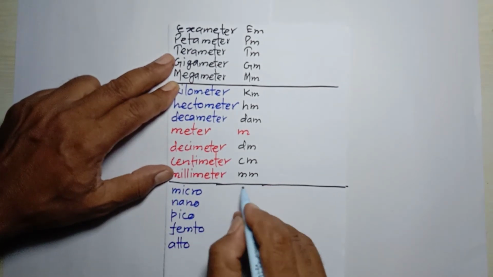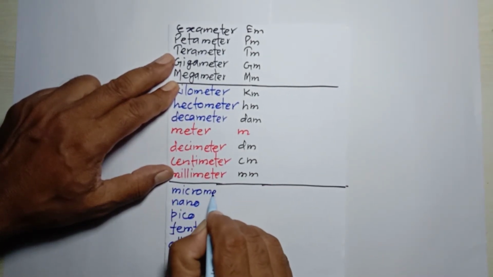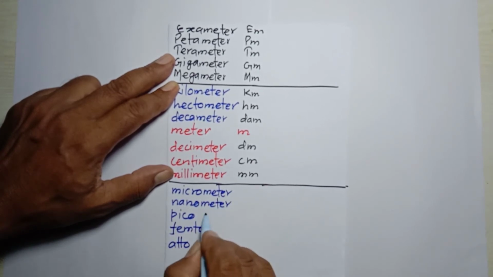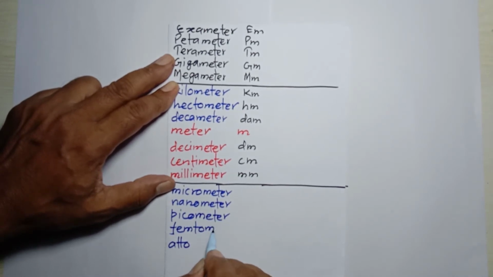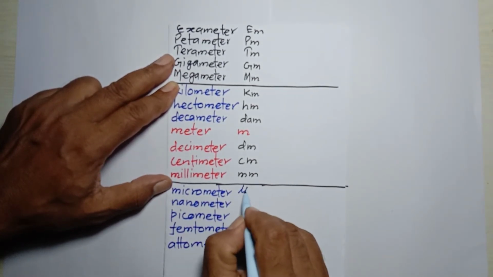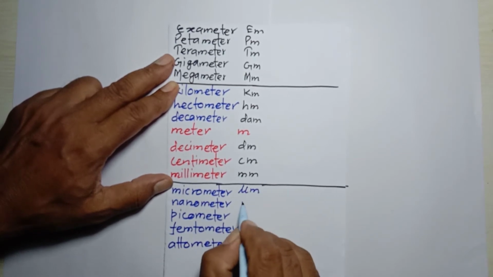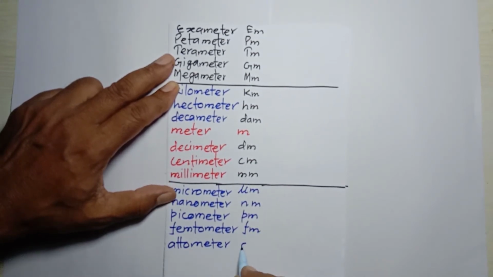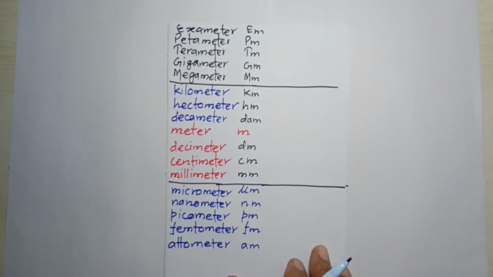Look at this: micrometer, nanometer, picometer, femtometer, and attometer. This micrometer is symbolized like this. Micrometer, nanometer, picometer, femtometer, and attometer.